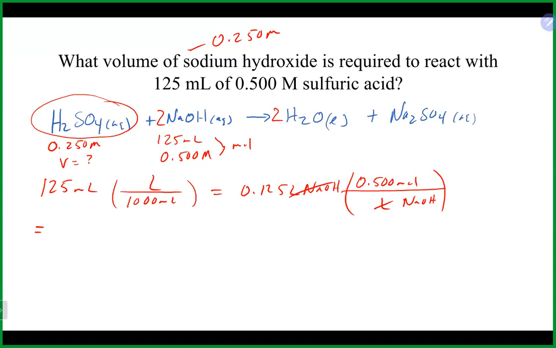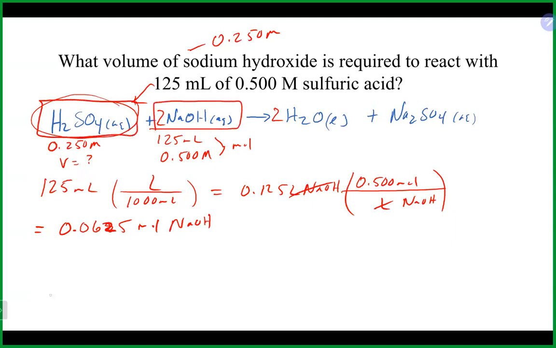0.125 times 0.5 gives us 0.0625 moles of sodium hydroxide. Once again, here we're interested in sulfuric acid. So from the equation, the relationship between these two is for every 2 moles of sodium hydroxide, we get 1 mole of sulfuric acid.